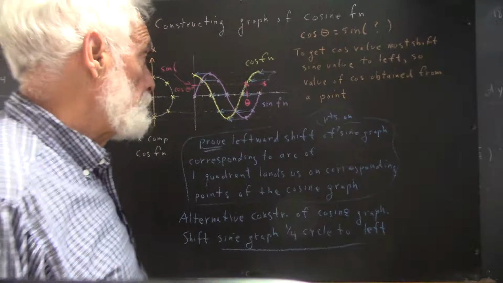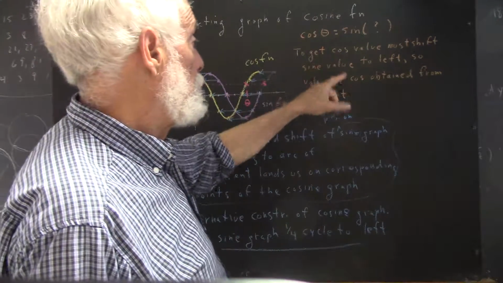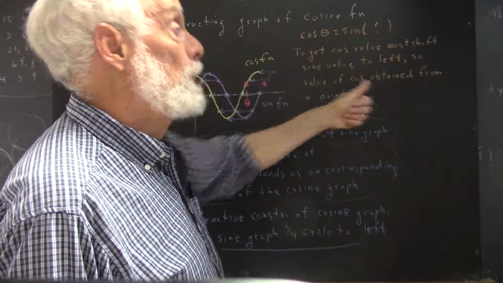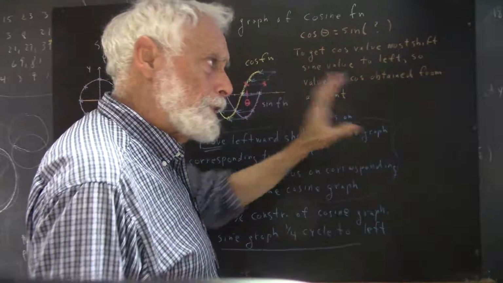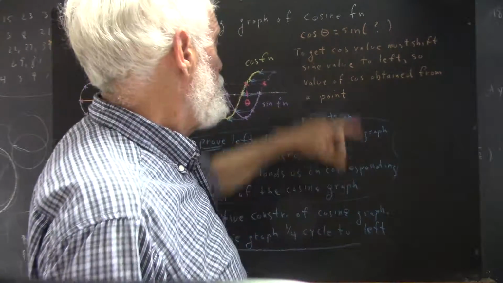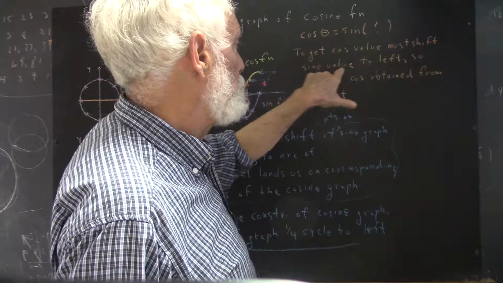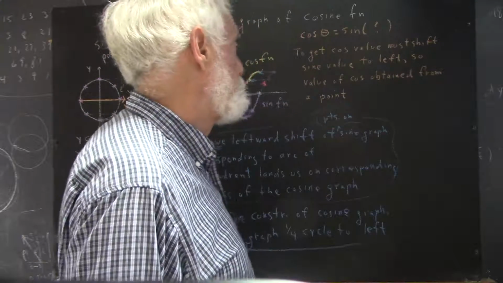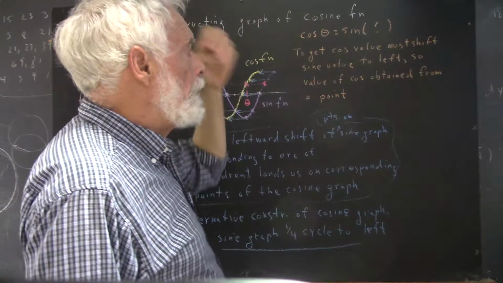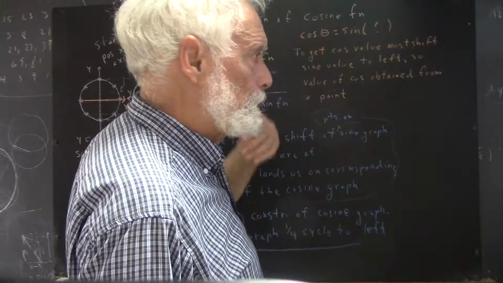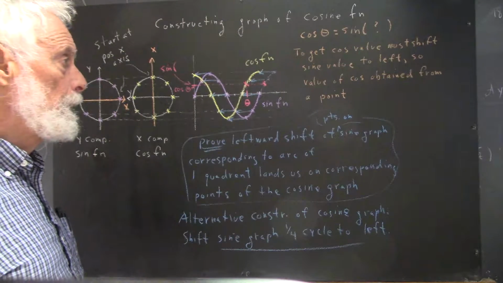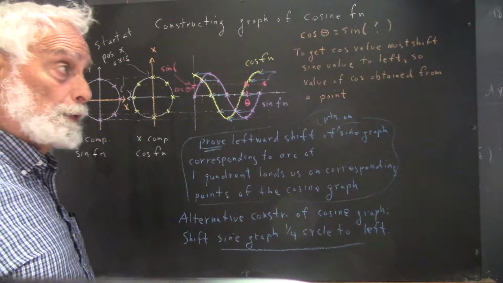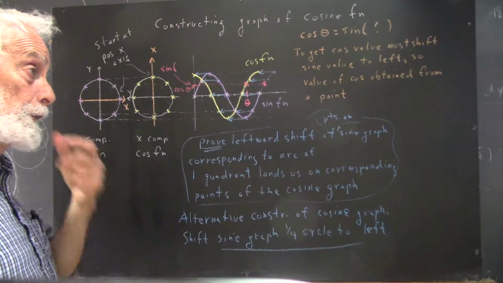Well, we can reason this out. To get the cosine value, you have to shift a sine value to the left, a quarter of a cycle. But let's just get the left and right straight here. To get the cosine value, we have to shift the sine value to the left. So the value of the cosine is obtained from a point on the sine graph. Where's that point going to be?